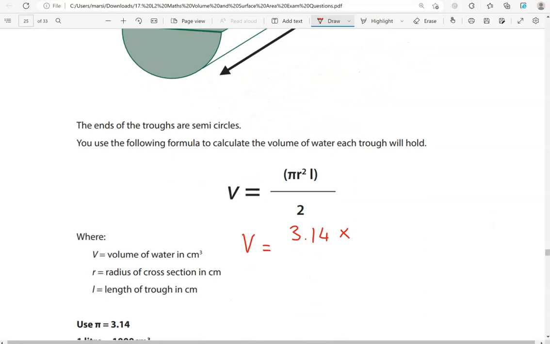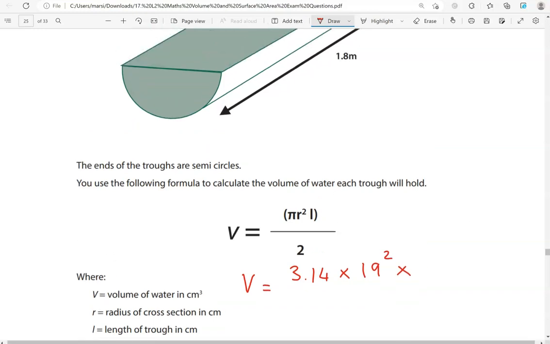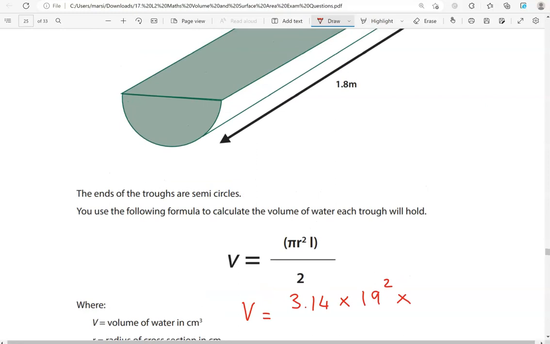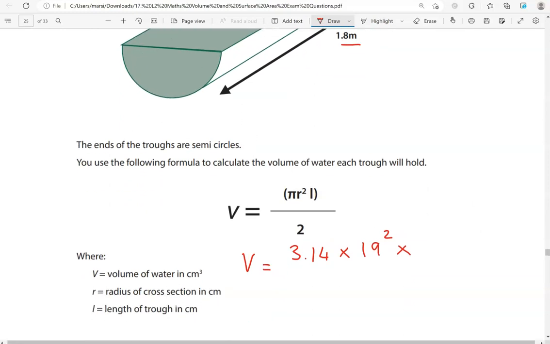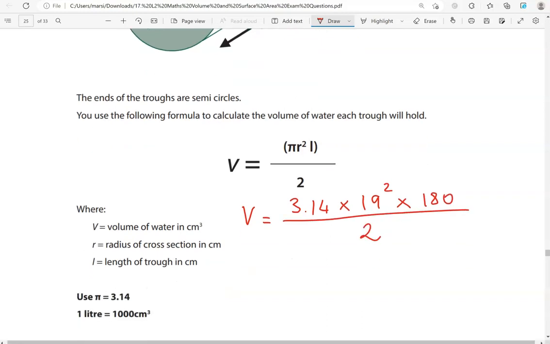So 19 squared times L, which is the length. It's 1.8 meters, which is 180 centimeters. So all divided by 2.